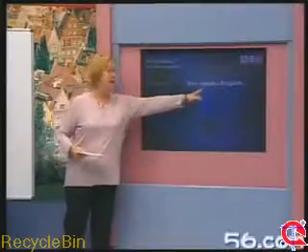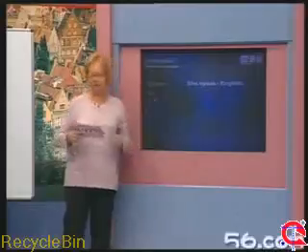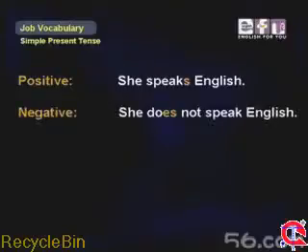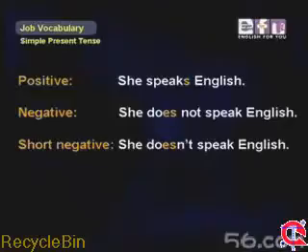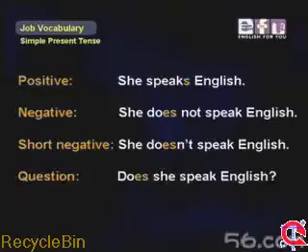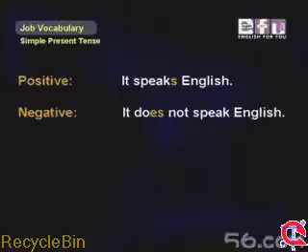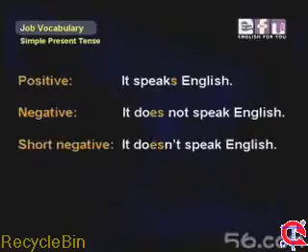Now for she. And remember the S for he, she, it. She speaks English. She does not speak English. She doesn't speak English. Does she speak English? Now for it. It speaks English. It does not speak English. It doesn't speak English.